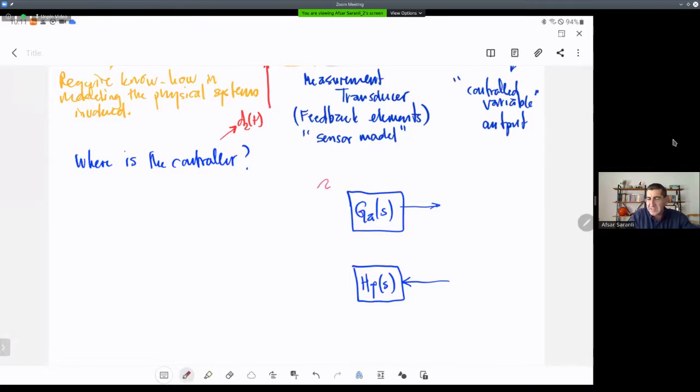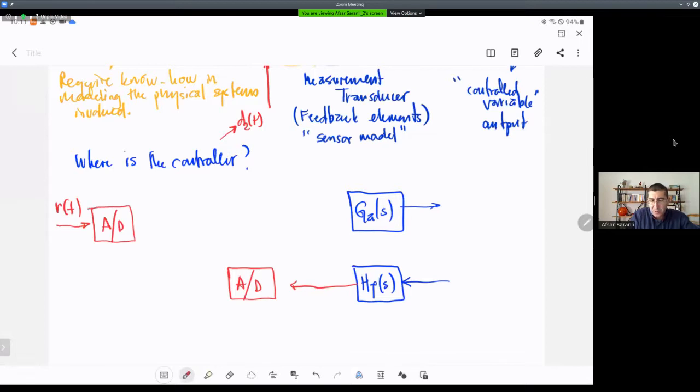So what's happening here is that the measurement is coming in, especially in a discrete time control system, and this signal goes through an analog to digital converter. Your reference signal comes in, R(t), and this also goes through an analog to digital converter.